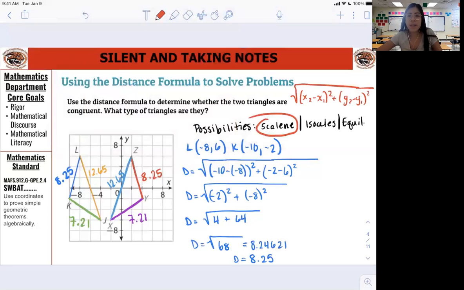But there is one thing that I need to check for that is not part of this list. So what's the other type of triangle that you can check for? Yeah, we can check to see if it's a right triangle. Now, which angle looks like it could possibly be a right angle? None of them.